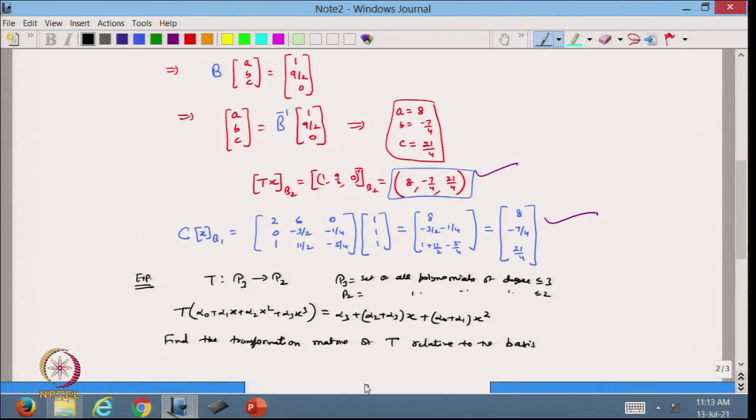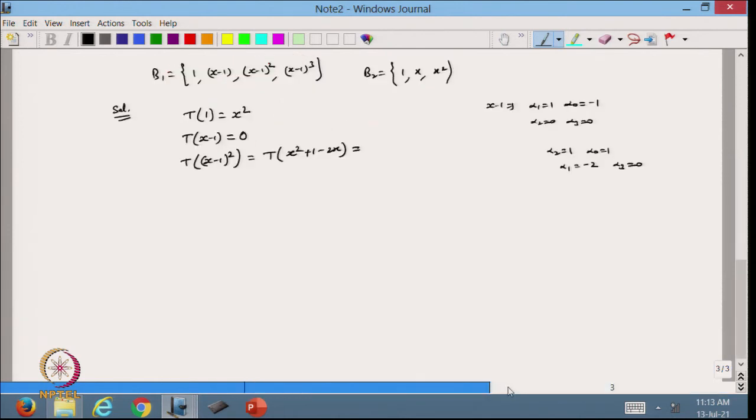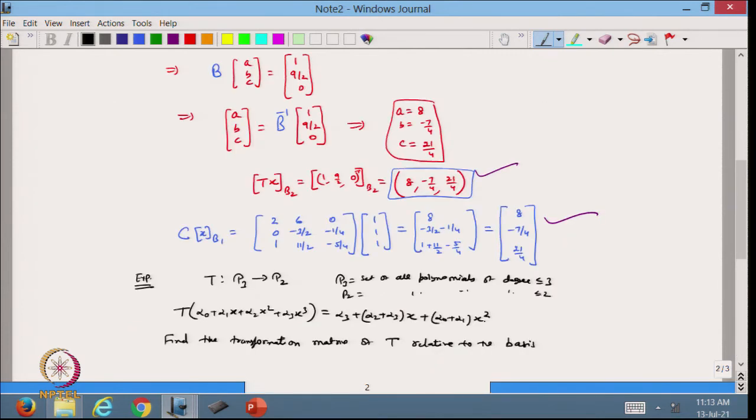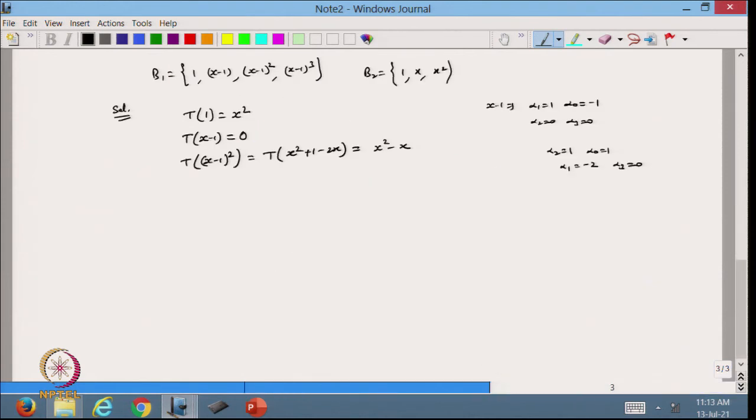So, if I substitute here, the value is going to be x square minus x, because x square will come from here and x will come from here. Alpha 2 is 1, so it is minus x square plus x.